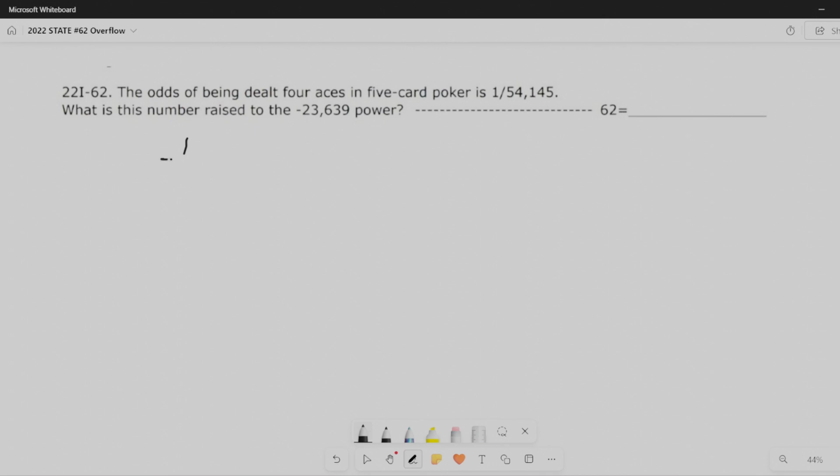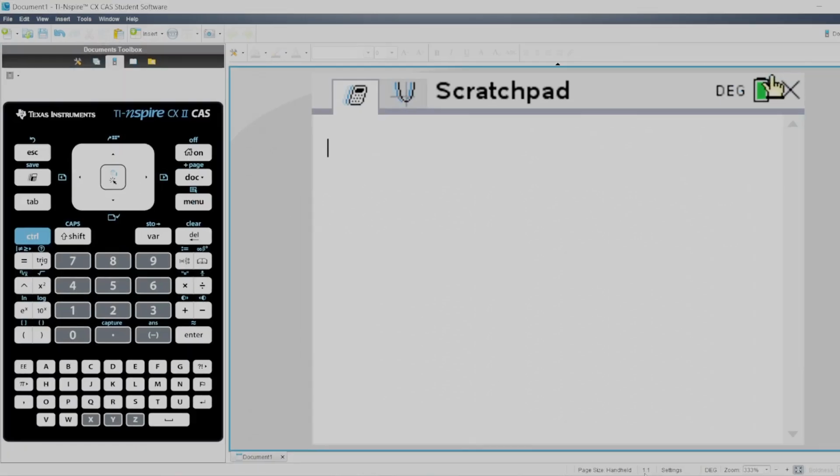So 1 over 54,145 raised to the negative 23,639. If you were trying to do this on the calculator, again, you'd get this error message.